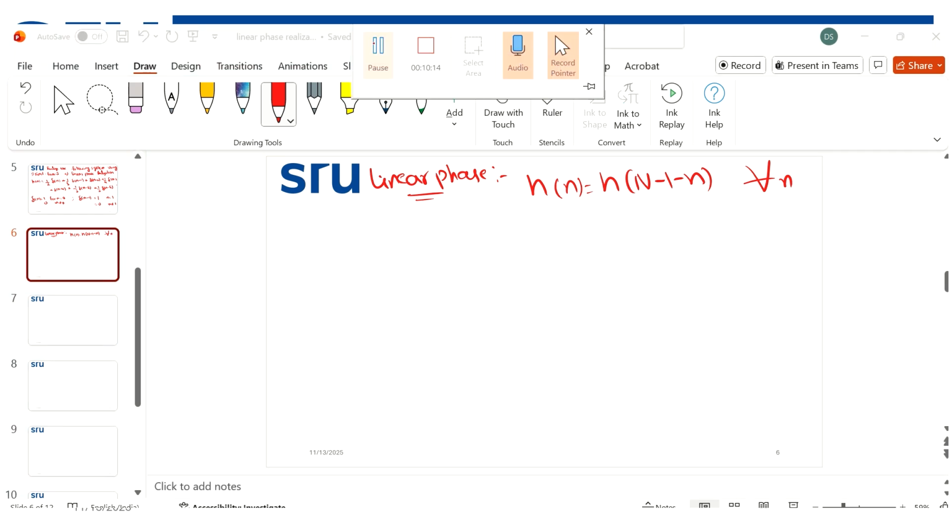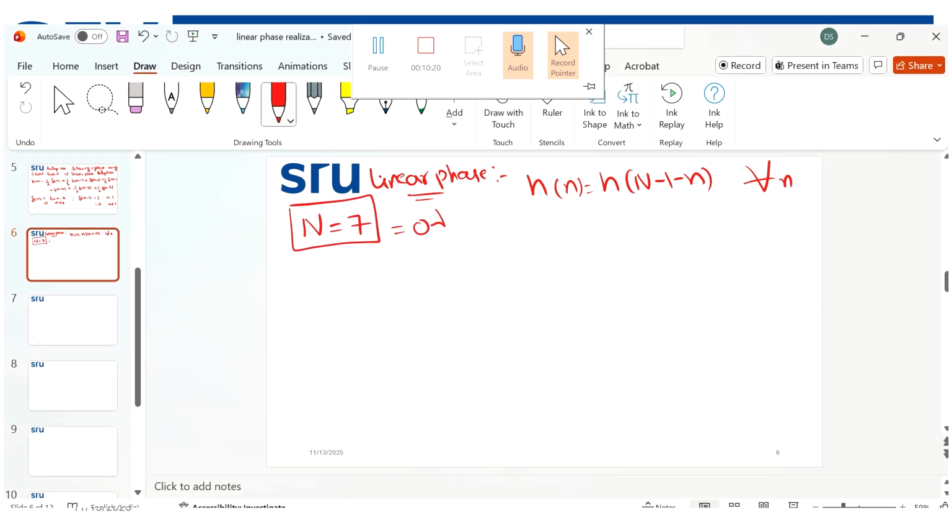Now, from the given expression, we come to know that the order of the filter is 7. If it is 7, the N value is odd in nature. Now, substitute the same in the above expression. So we will get 7 minus 1 minus n, that is h of 6 minus n. So h of n is equal to h of 6 minus n.